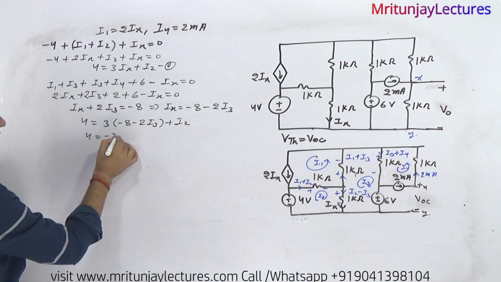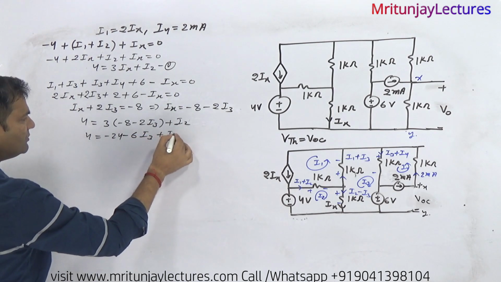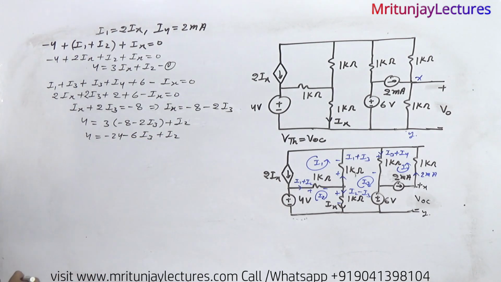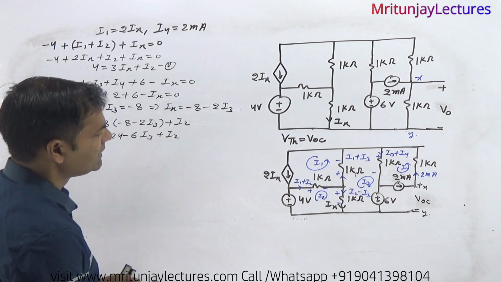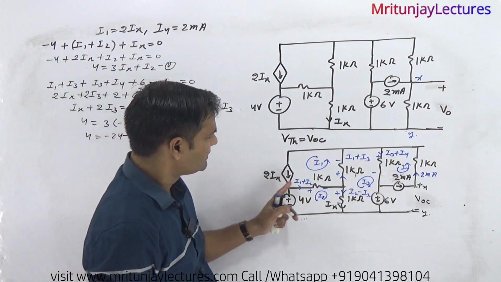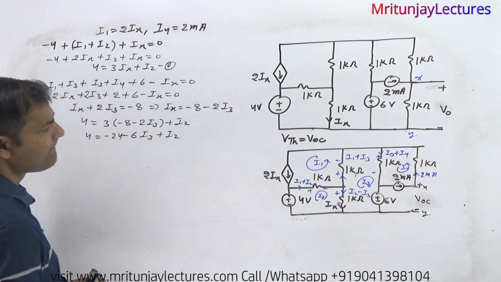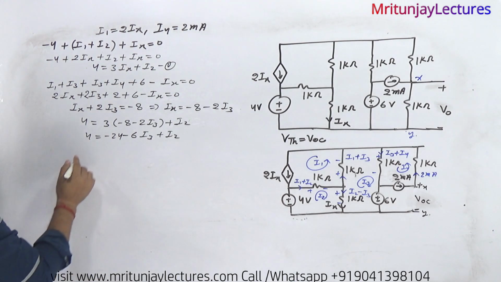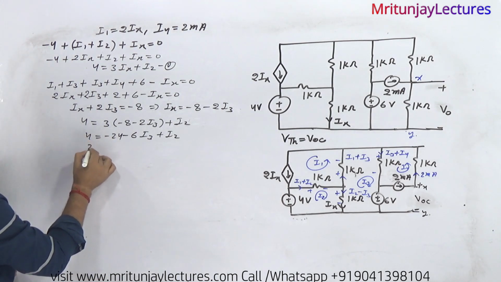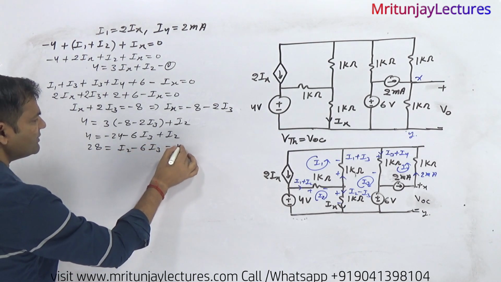So 4 is equal to minus 24 minus 6I3 plus I2. And what about I2? I1 is 2Ix, I4 is 2. After that, 28 is equal to I2 minus 6I3. That is equation number 2.